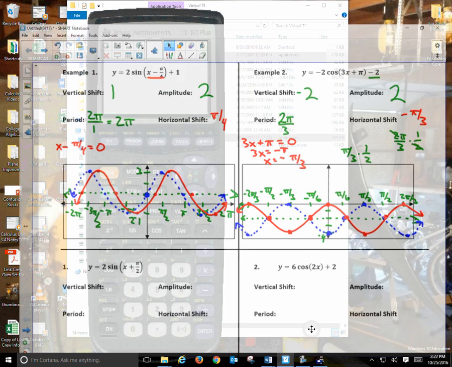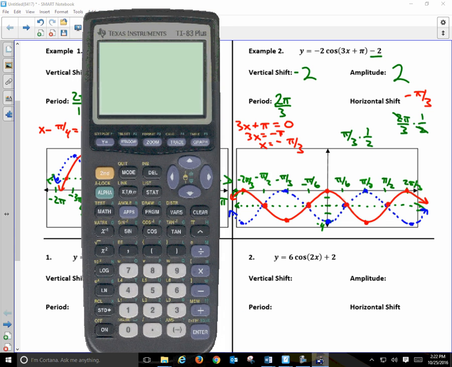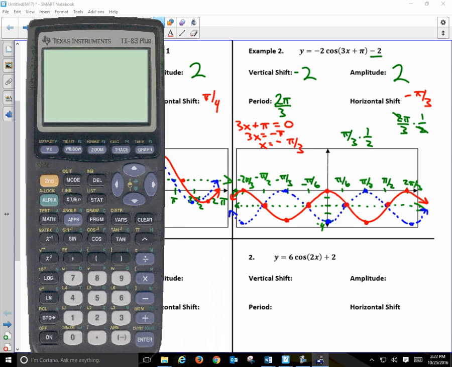Okay, some of you are looking at this and you're maybe asking yourself, how accurate of a graph really is that? I'm just going to take a minute here and show you how accurate that graph really is. As I turn on my calculator, I go into y equals, I clear it out, and I type in -2 cosine of 3x plus pi parentheses minus 2.